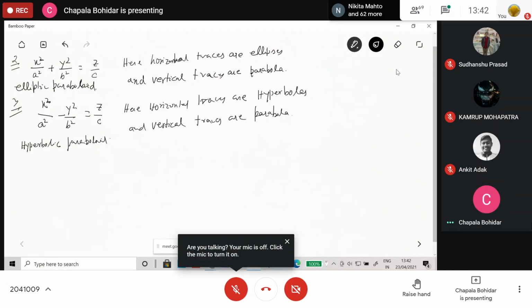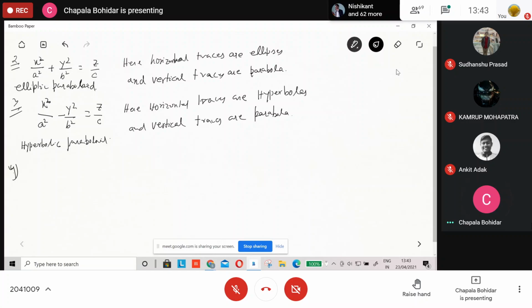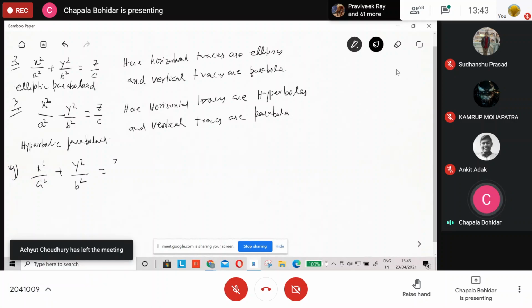Now four. So you may get a question like this: what type of surface is it? Multiple choices are given to you, and from that you choose your answer. So here it is x square by a square plus y square by b square is equal to z square by c square.